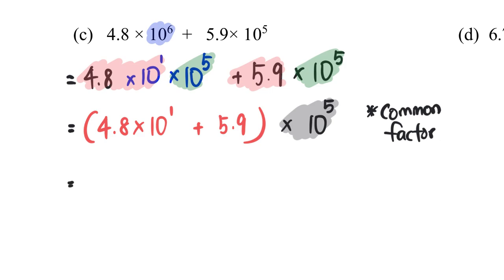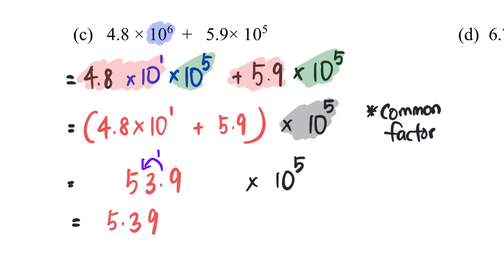So finally, this will give me a value of 53.9 times 10 power 5. But this is not yet the standard form. So I still have to rewrite 53.9 as, so one time. So it will be 5.39 times 10 to the power of 1.